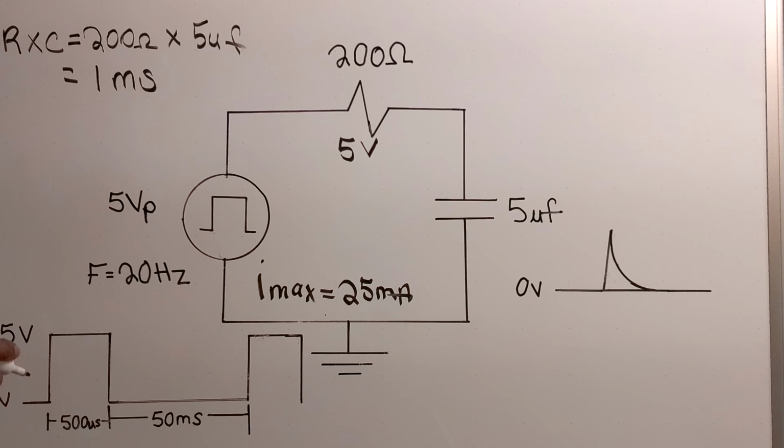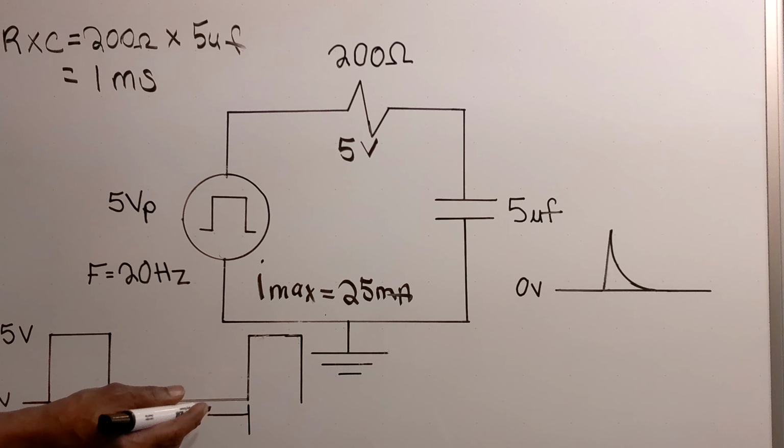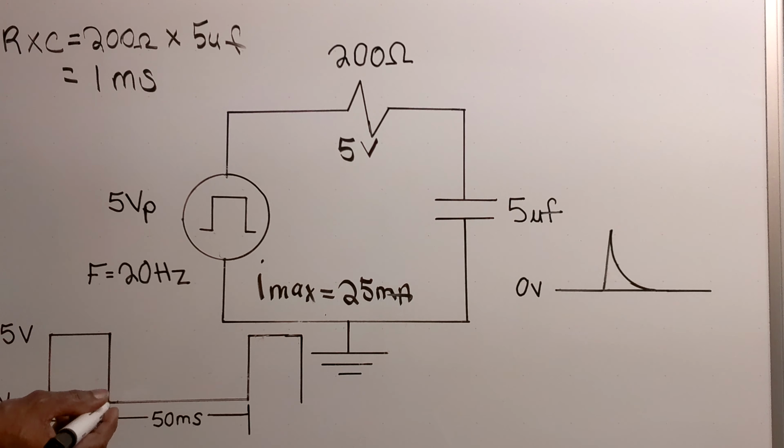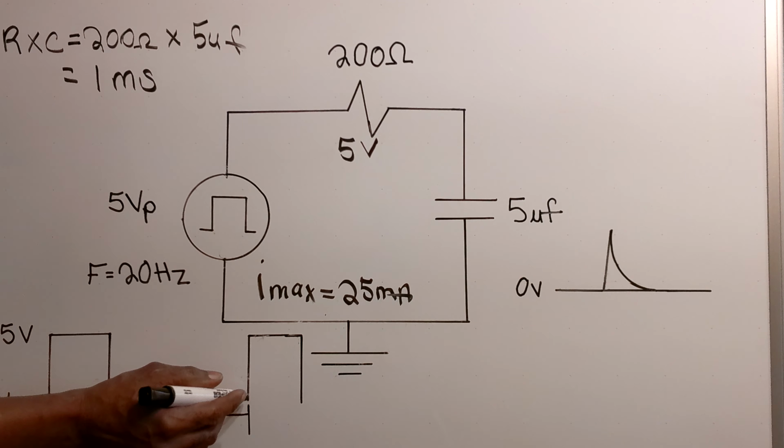Now my pulse width, right? My pulse width is 500 microseconds, and it takes another 50 milliseconds from the end of my pulse until it starts my next pulse.